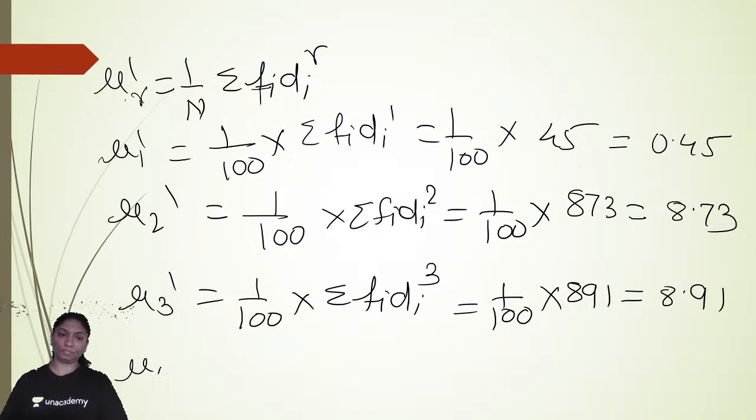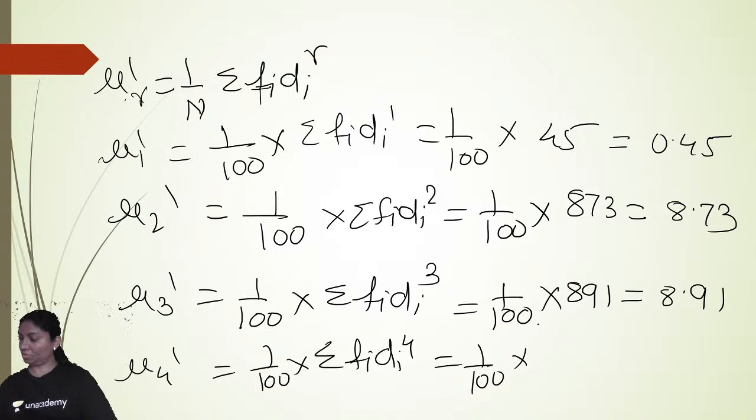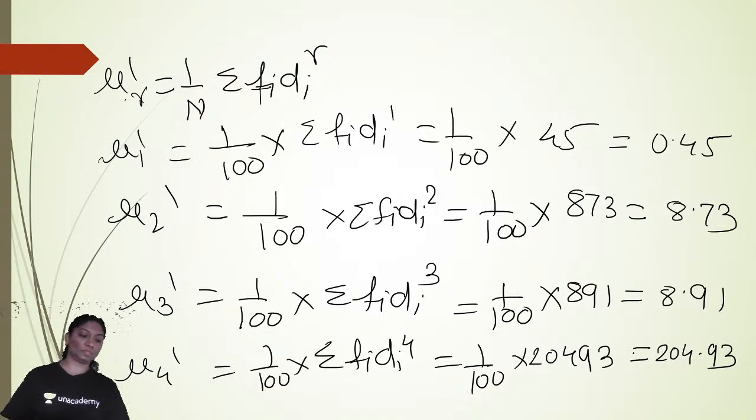Mu 4 dash is equal to 1 upon 100 into summation of fidi raised to 4, which is 20493, equal to 204.93. Okay.